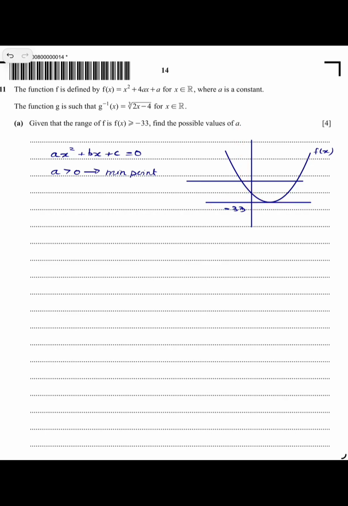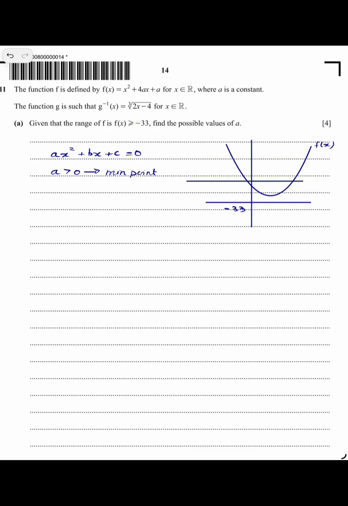Okay, so basically we kind of like know that the y coordinate of the minimum point could actually also be over here, right? So the minimum point has to lie above, otherwise this is not going to be satisfied. The function has to lie, either it's equal to minus 33 or it's strictly greater. Okay, so it lies somewhere over here.